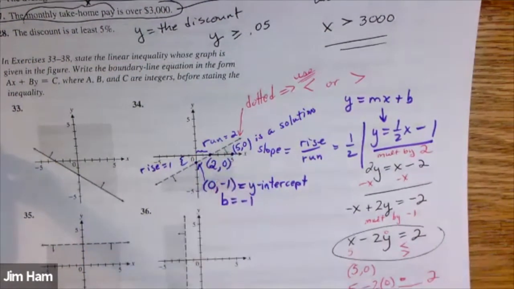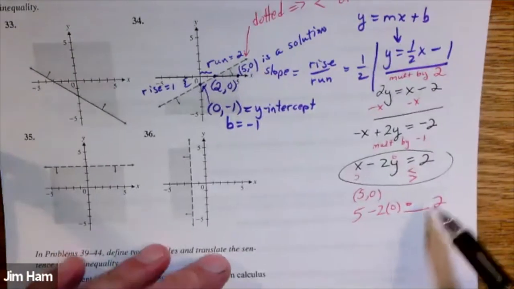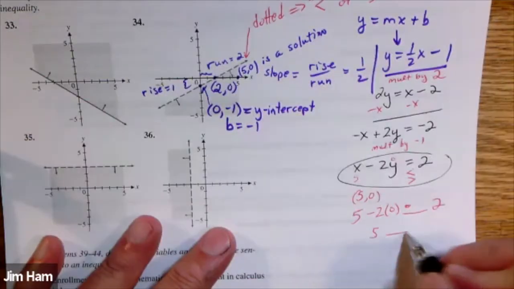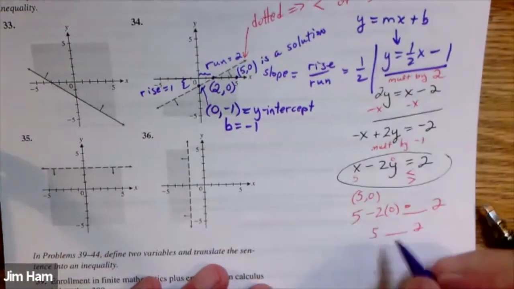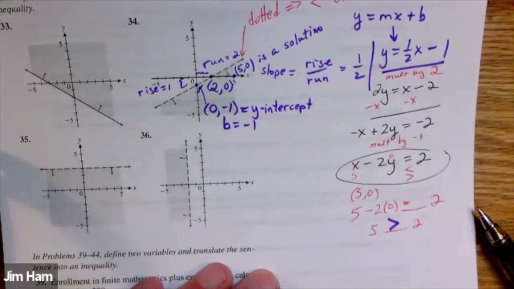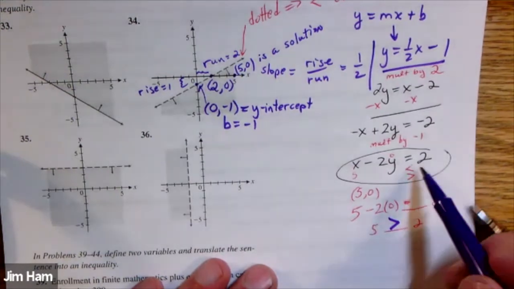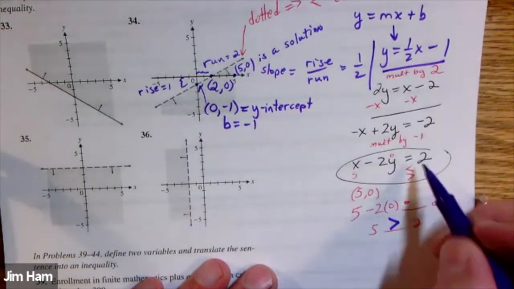What inequality sign has to go here to make this true? 5 is greater than 2. So if we want 5, 0 to be a solution, then the symbol we need to put in there is the greater than.